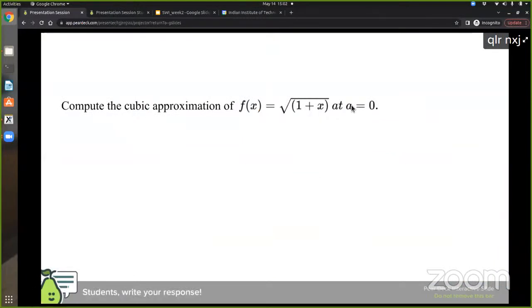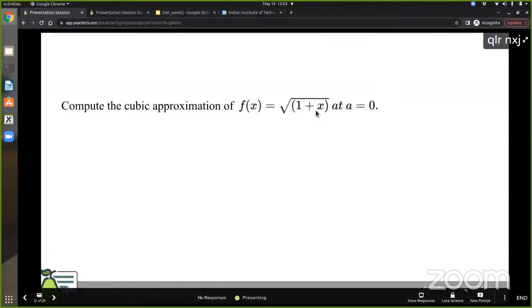Compute the cubic approximation. So far, what we did was linear approximation. Now, let's move on to cubic approximation, which means the third-order approximation of this function at a equal to 1.